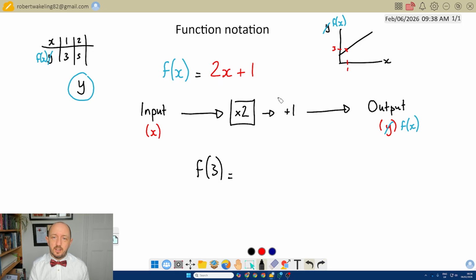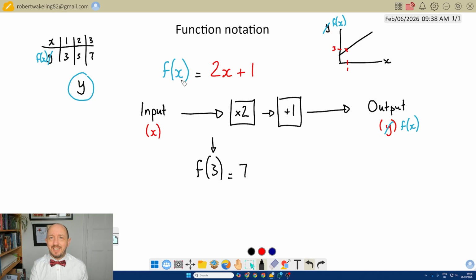Times 2, add 1. So whatever you put in the input, x there, we replace the x with a 3. You're doing 3 times 2, add 1, which would be 7. Just like you would do here, you would go 3 times 2 plus 1, that's 7. You would do that so quickly.